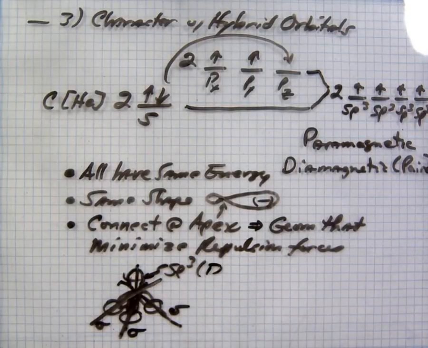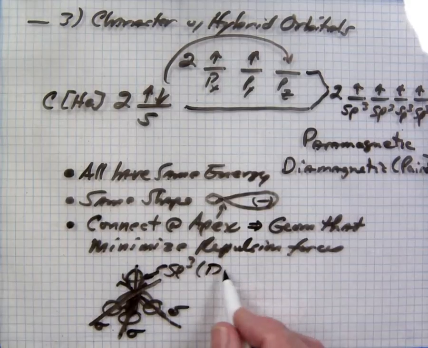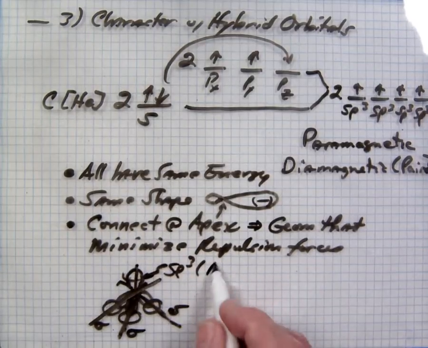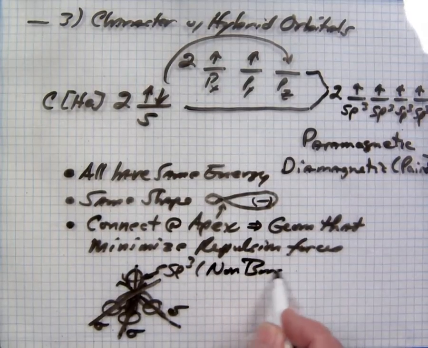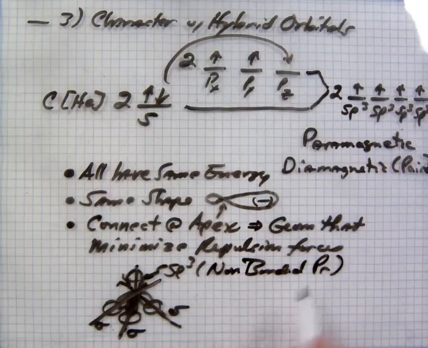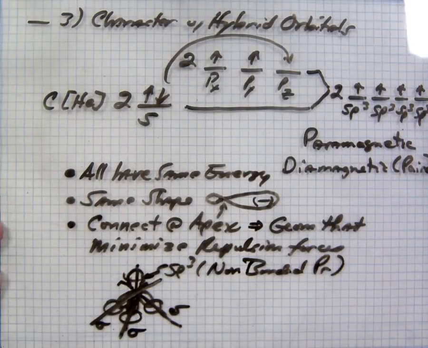That is, it has paired electrons, a non-bonded pair. I thought it'd be useful to review a little bit more of this. It doesn't hurt to keep that in the back of your mind.